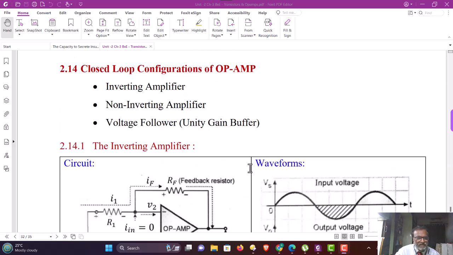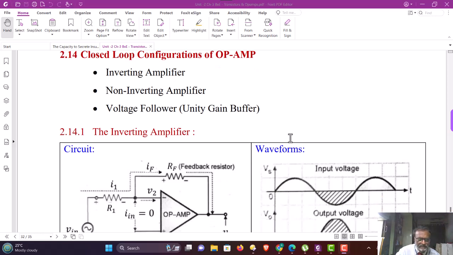The operational amplifier in practice is mostly used in closed loop configurations. Three primary configurations exist for the operational amplifier: inverting amplifier, non-inverting amplifier, and differential amplifier. Whereas the voltage follower is an extension of the non-inverting amplifier, also called the unity gain buffer amplifier.